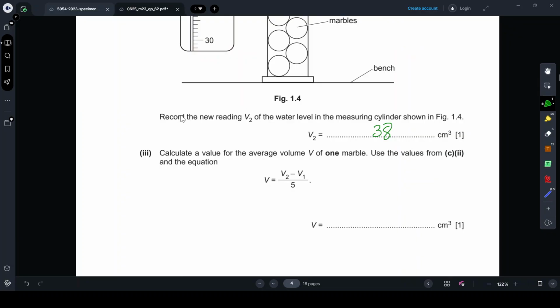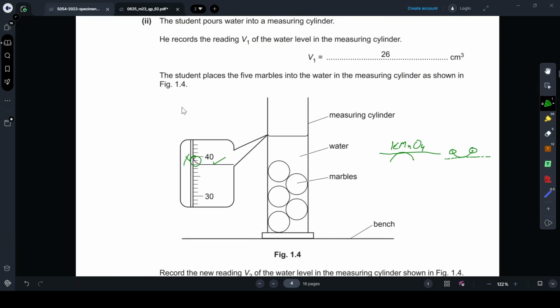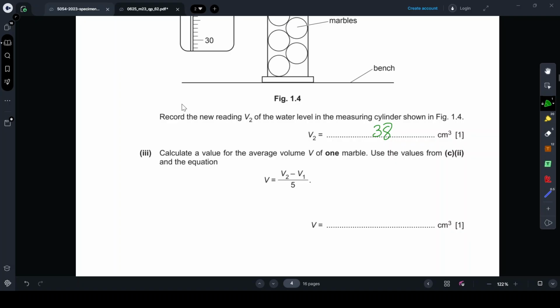Okay. So V2 minus V1 over 5. So we had 26 over there. So 38 minus 26 over 5. What are we getting? 2.4.